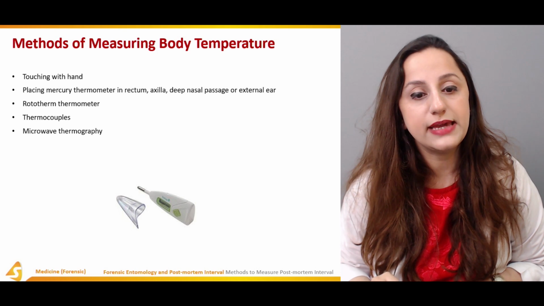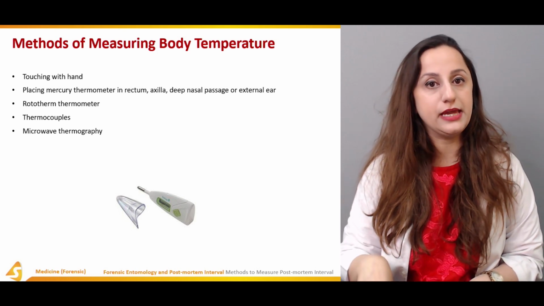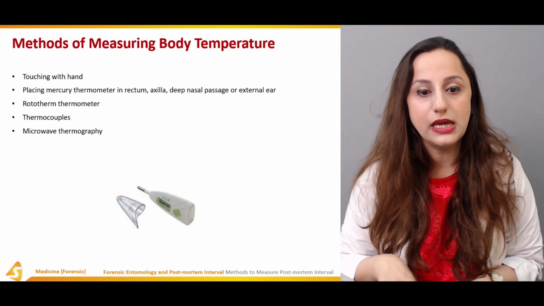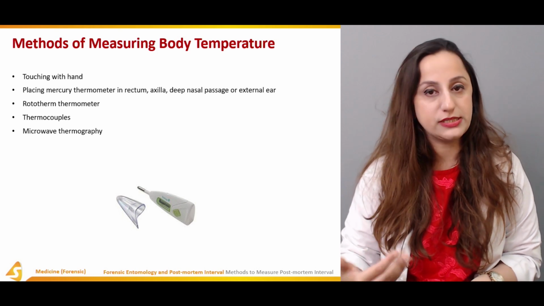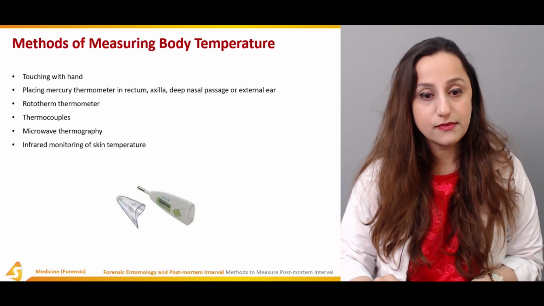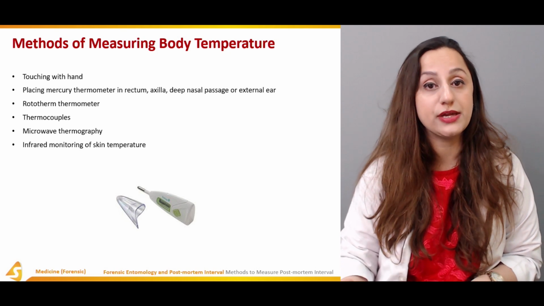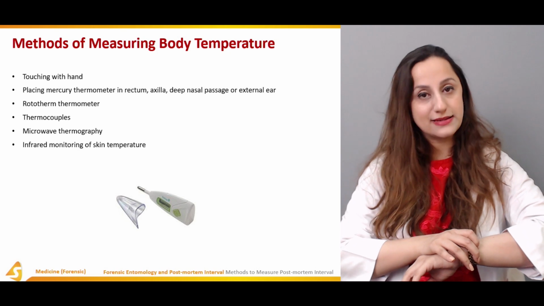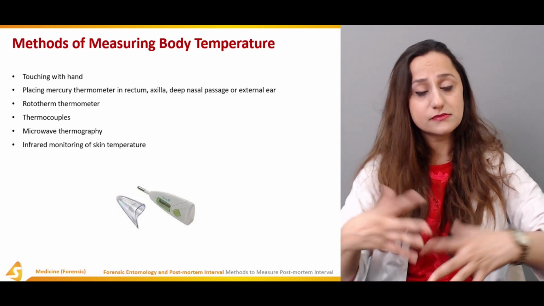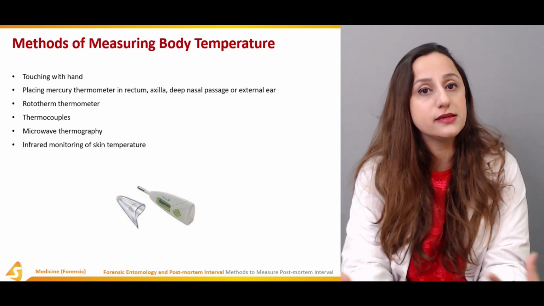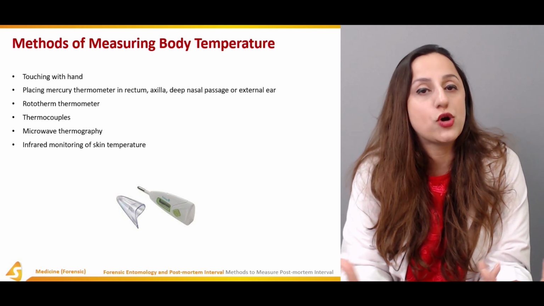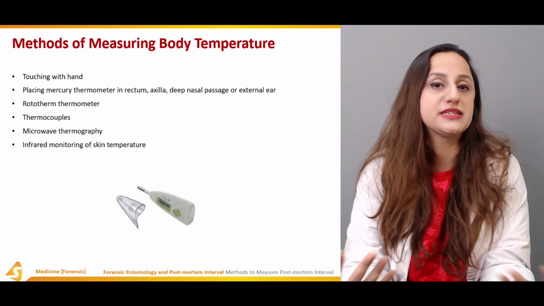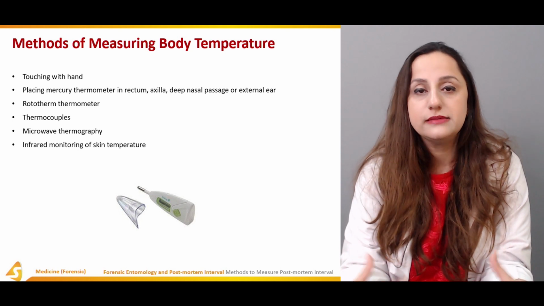Then we have microwave thermography to record brain activity, which can also measure body temperatures. Then we have infrared monitoring of skin temperatures. All of these scientific advancements can be used to measure body temperature depending upon the type of scenario and the type of crime scene we are dealing with.